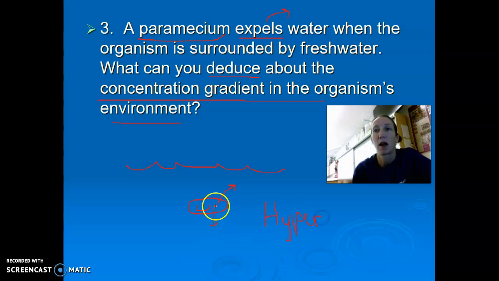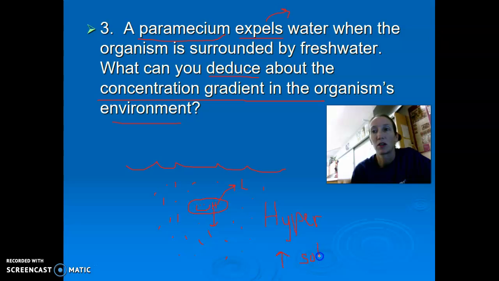What you have to remember about hypertonic is that there's a higher water concentration inside than outside. So water's going to go from high to low. That means this water has a low water concentration, which is weird because it's water, right? But it's a low water concentration because there is so much solute.